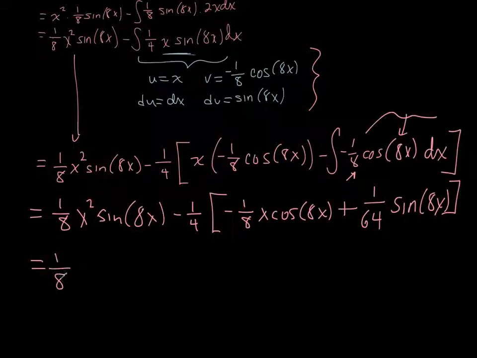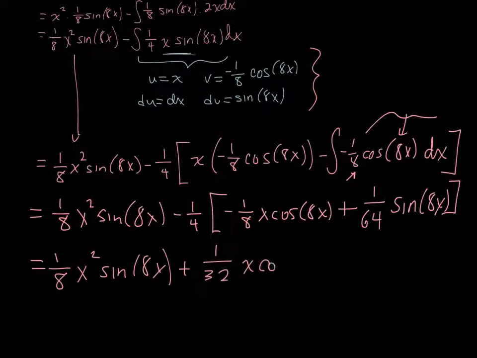So this equals 1/8 x squared sine 8x, negative and a negative, plus 1/32 x cosine 8x, plus 64 times 4, 1/256.